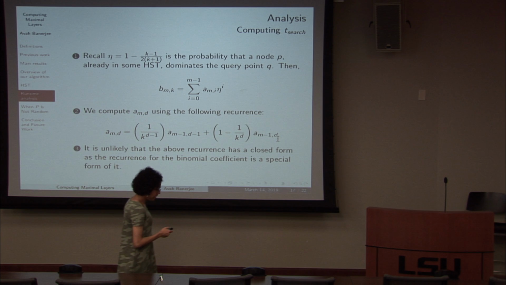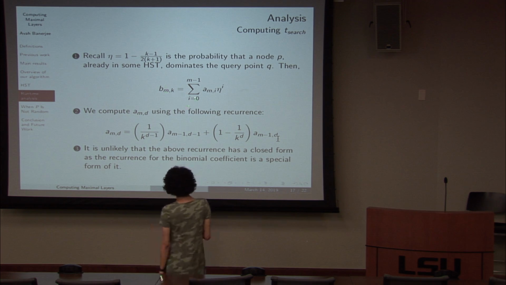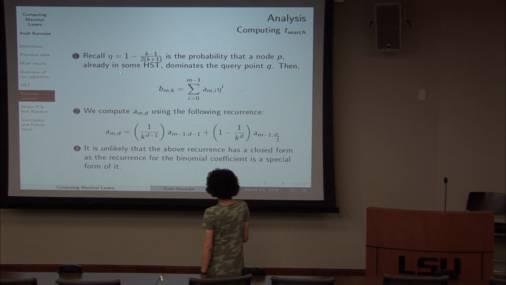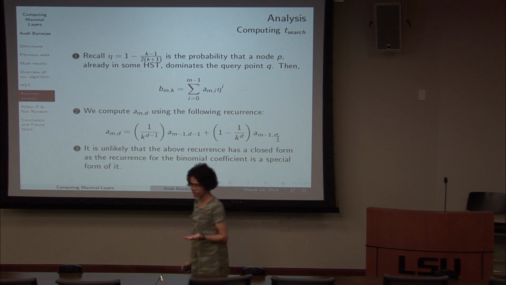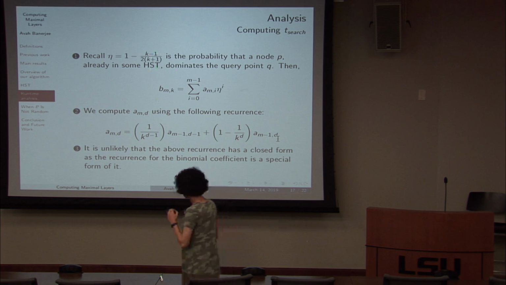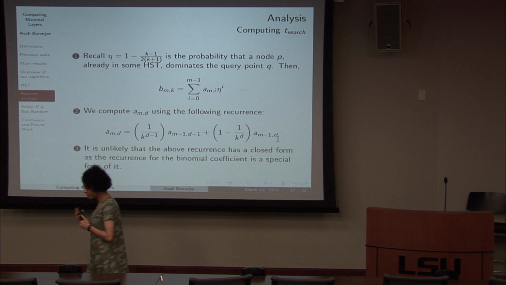Okay. So we can write BMK as a sum over the AMI, and it is the probability that a node P already in some HST dominates a query point Q. And this formulation comes from this max ordering.